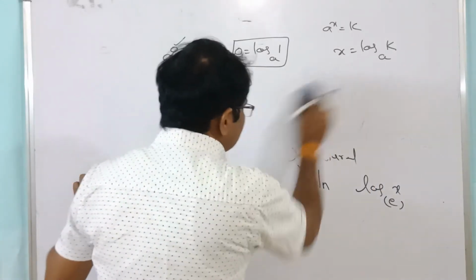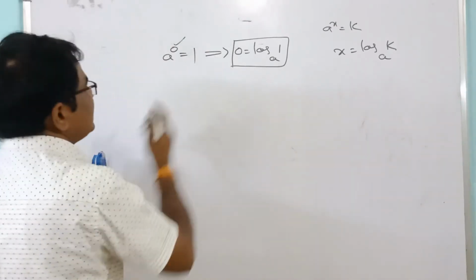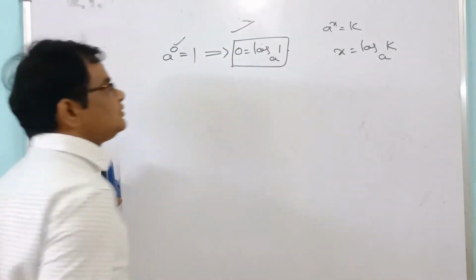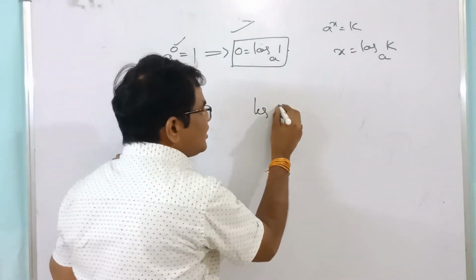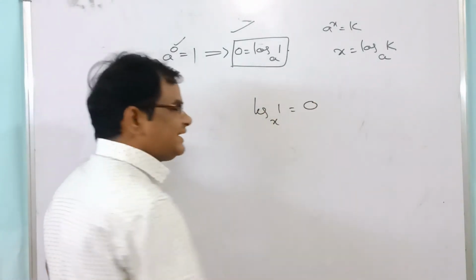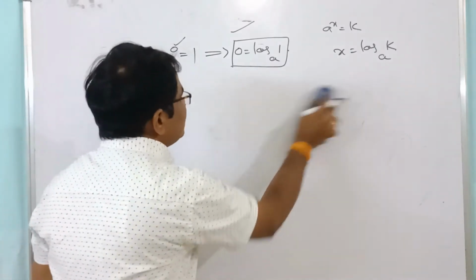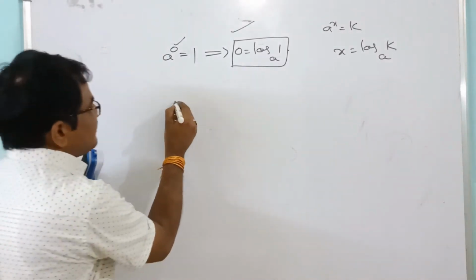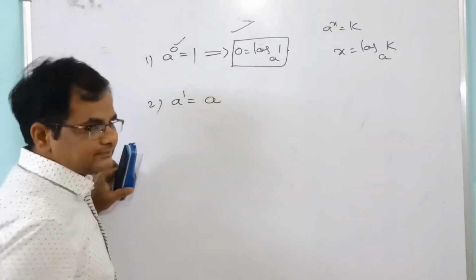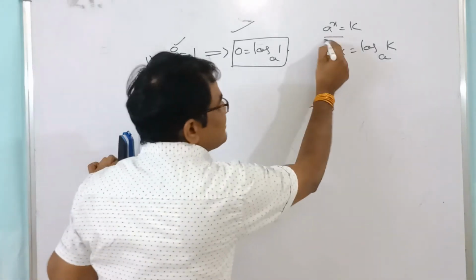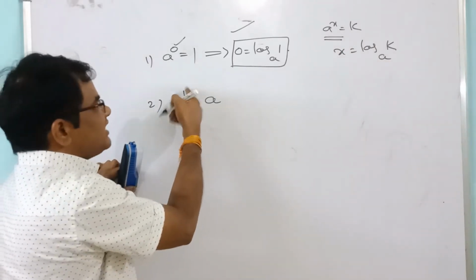Now here first condition, what is that? Log 1 to the base, any base, is equal to what? 0. Log 1 to the base x equal to what will we get? 0. Like that. Next, second one, a power 1 equal to what? A. Right? Now apply the same condition here also. In place of x, 1 is there.